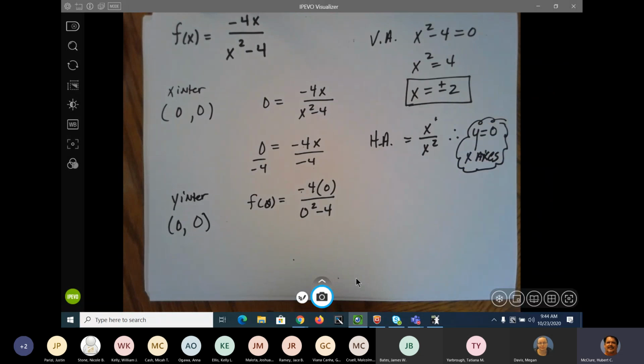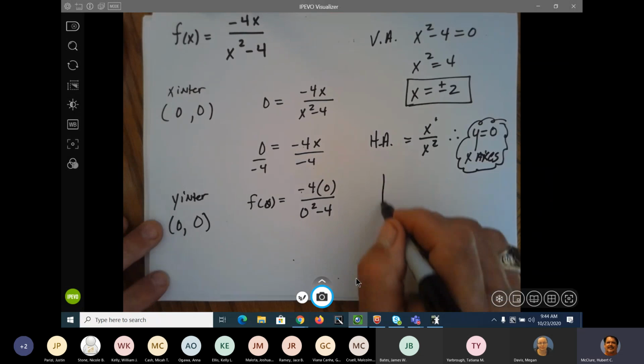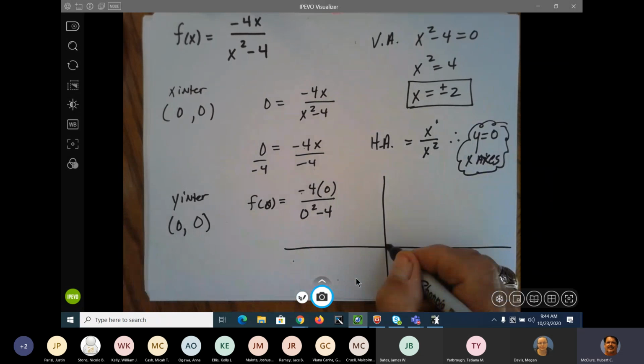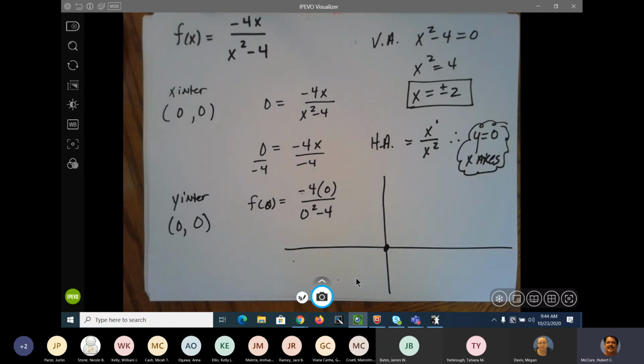So we're ready to draw this thing. We know that the x and y intercept is right there. We know we've got a vertical asymptote at positive 2 and negative 2.